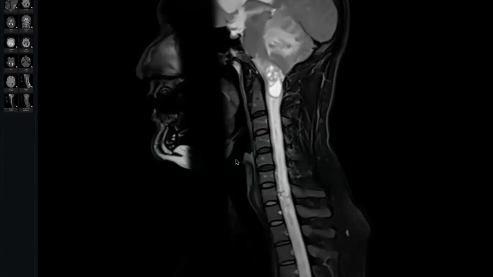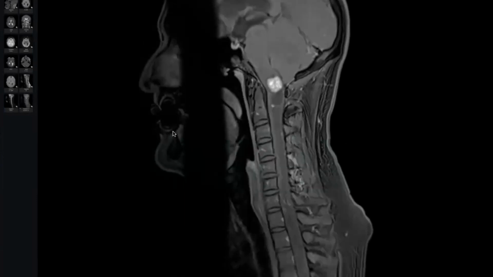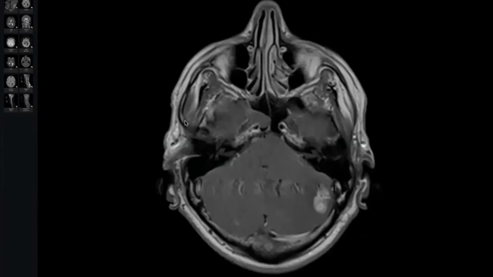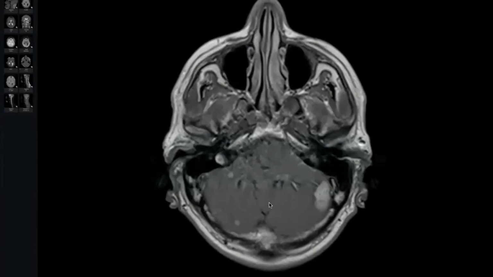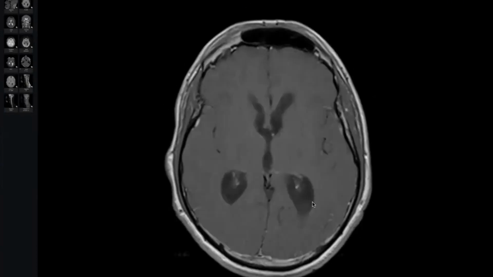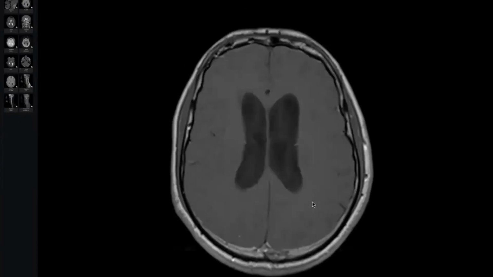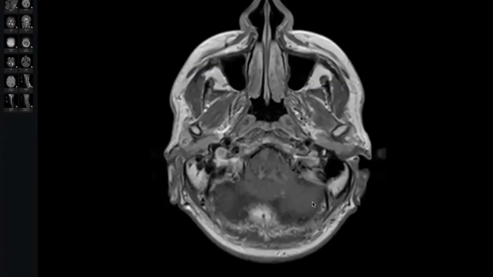Okay, my colleagues. So this is a case of multiple bile-based markedly enhancing lesions. Here also in the brain, another one. See here, 1, 2, 3. So it looks like von Hippel-Lindau syndrome, von Hippel-Lindau disease. What is your next step?